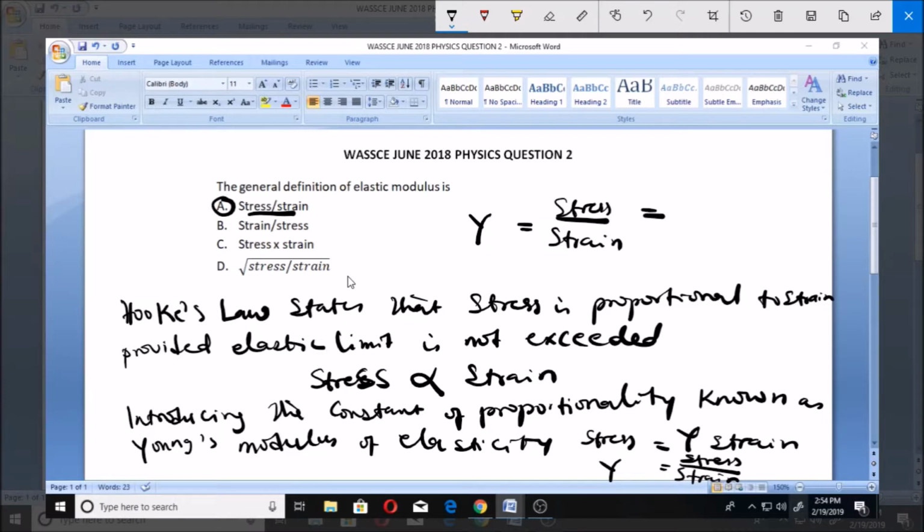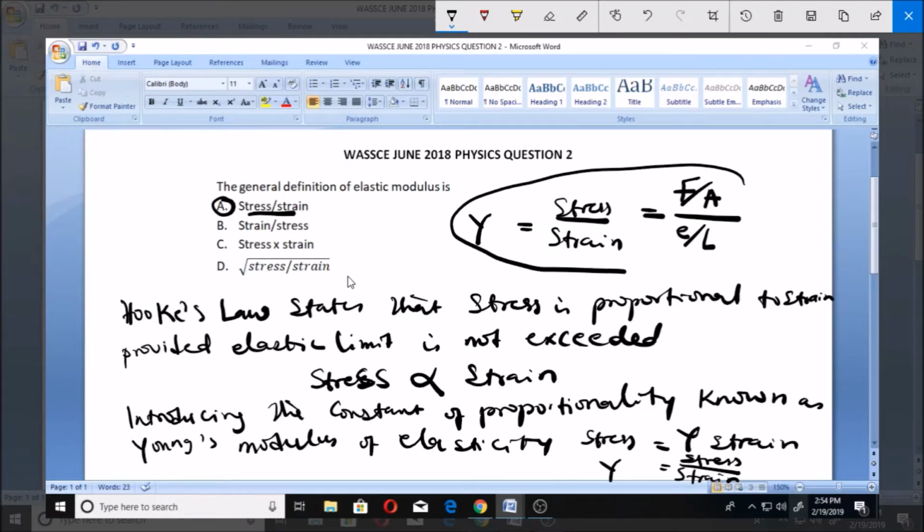And we also know that stress is simply equal to force over area, and we know that strain is equal to the extension all over the original length. So with this equation, you can solve a whole lot of problems using the elastic modulus, stress and strain.